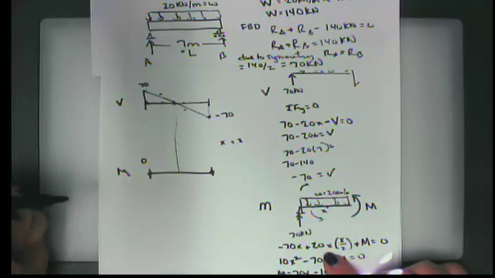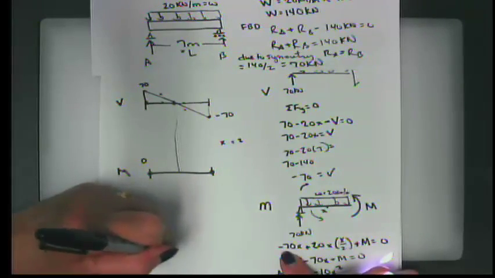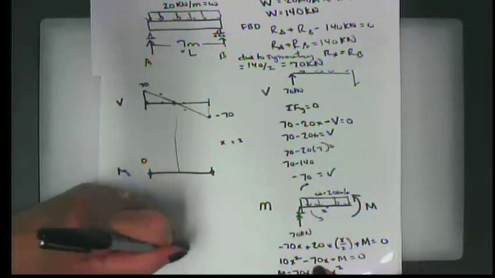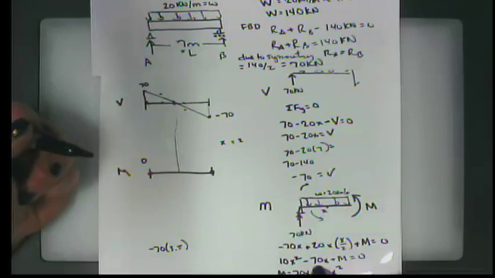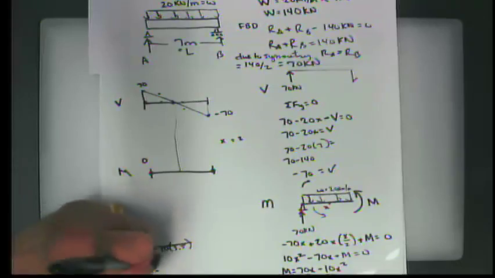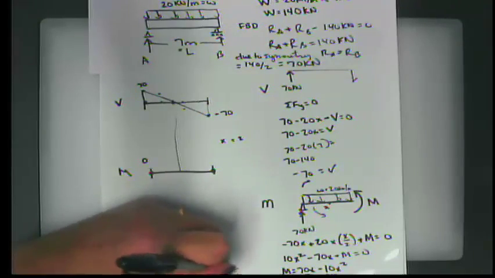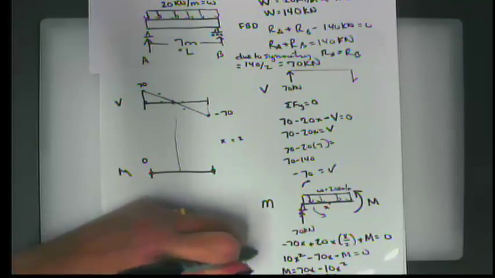So let's find out what this looks like at 3.5 meters. I would get minus 70 times 3.5. No, I have to pull this over to the other side. Sorry. My moment is, let's see, at 3.5 meters, 70 times 3.5 minus 10 times 3.5 quantity squared.